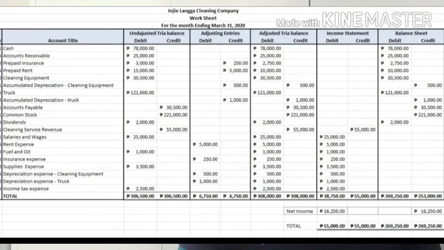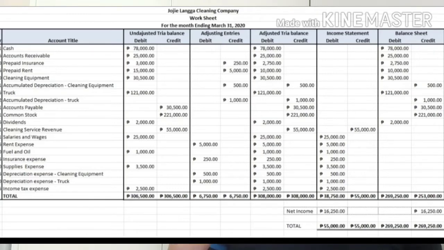For cash, there is no adjustment, so we will just copy the 78,000. For accounts receivable, there is no adjustment, so we just copy 25,000. For prepaid insurance, we have 3,000 debit under the unadjusted trial balance and a credit in our adjusting entries, so we apply the rules.